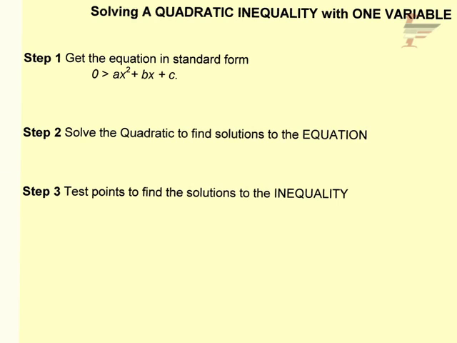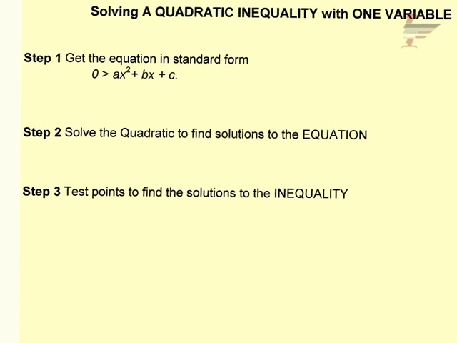So these are the steps, and go ahead and pause the video and jot these down. The first step is to get the equation in standard form. So if you don't have everything on one side, with 0 on the opposite side, you'll want to start with that. Step 2 is to solve the quadratic inequality to find the solutions of the equation.